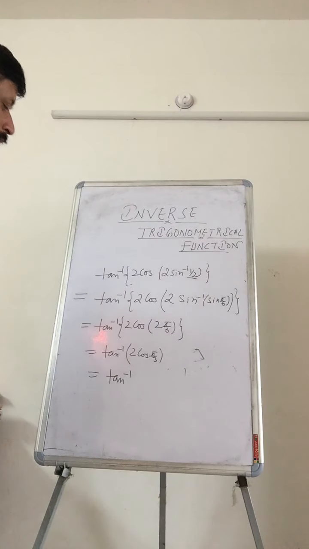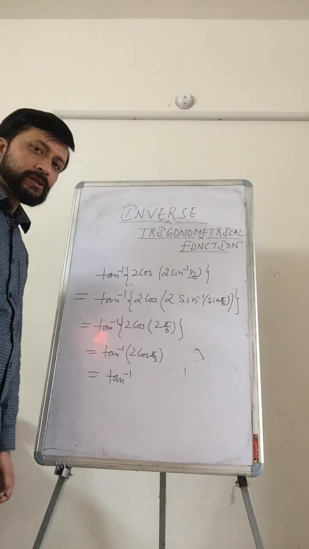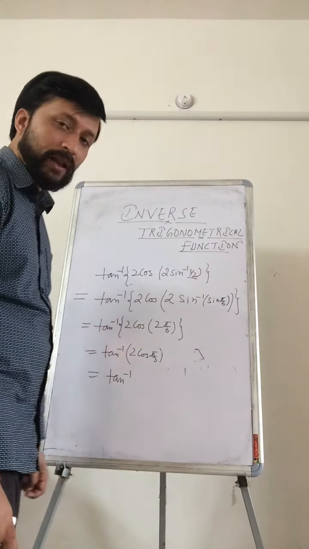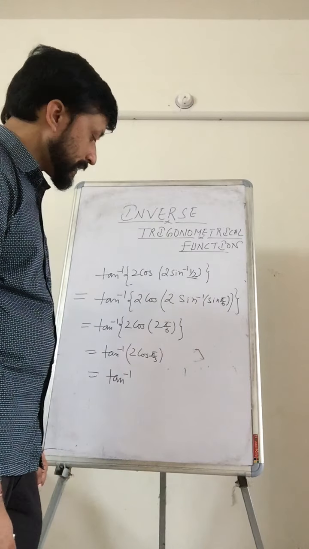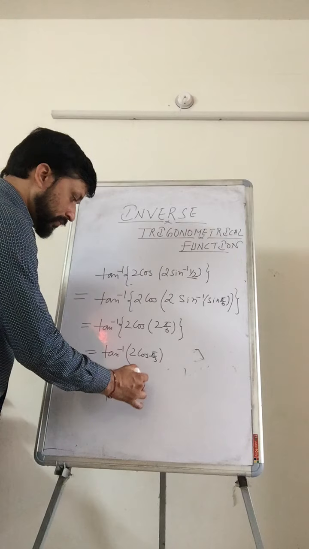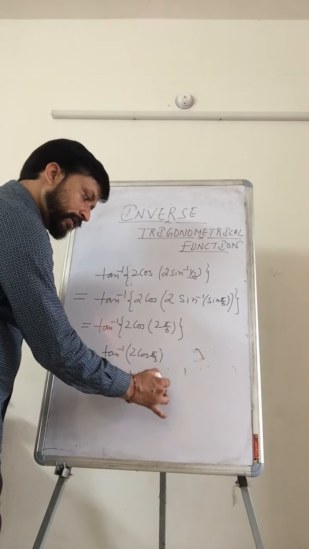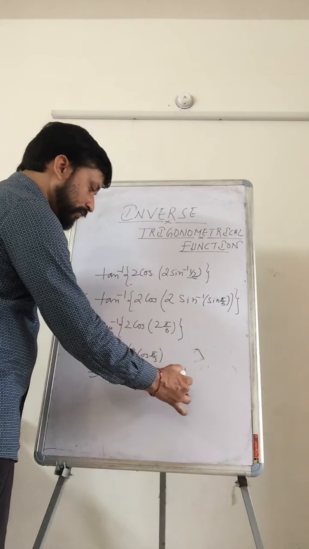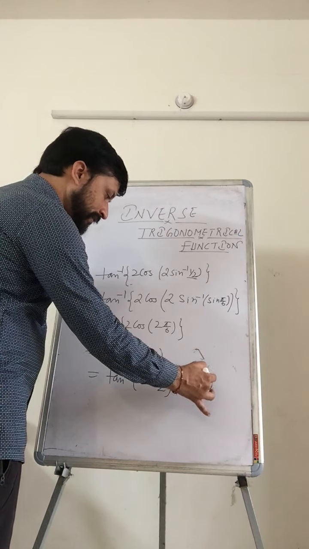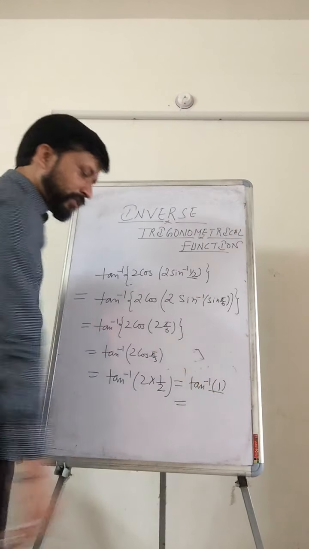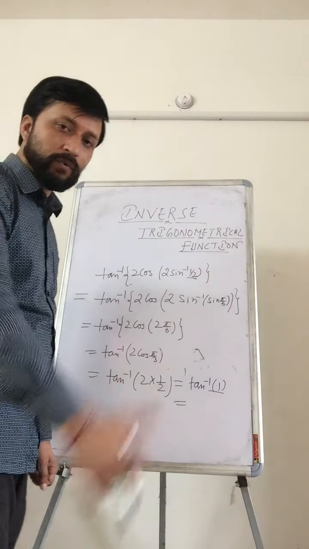Now you know pi by 3 means 60 degrees, and the cos 60 degree value is 1 by 2. So we can write here 2 into 1 by 2. Next, cancel, then you are getting tan inverse 1, which, you know, again for tan 45 degrees we get 1.